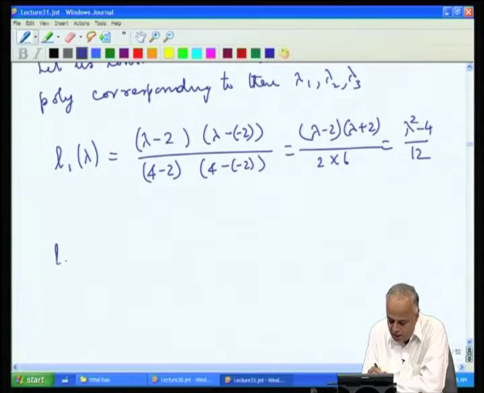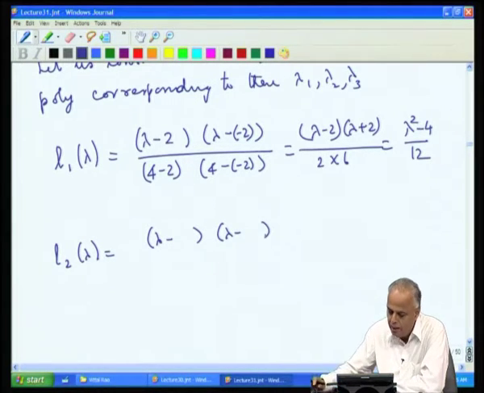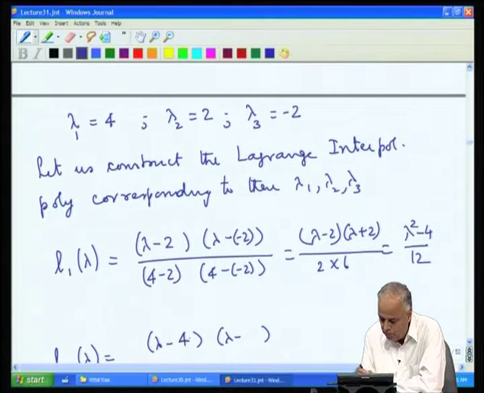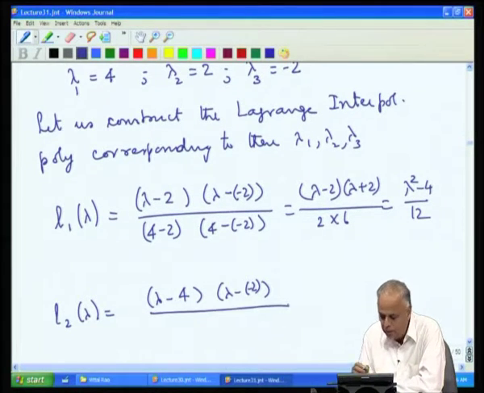The second Lagrange polynomial is again, you write lambda minus, and then you skip the second eigenvalue and put the remaining two eigenvalues. And then in the denominator write the numerator with lambda replaced by the second eigenvalue. The second eigenvalue is 2.